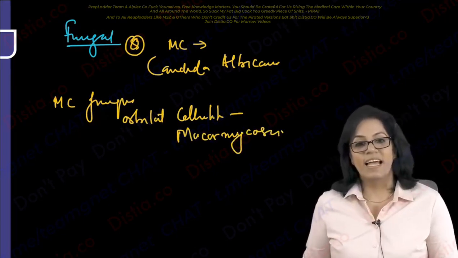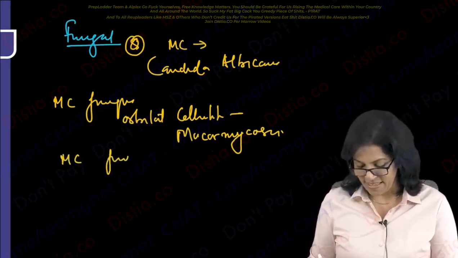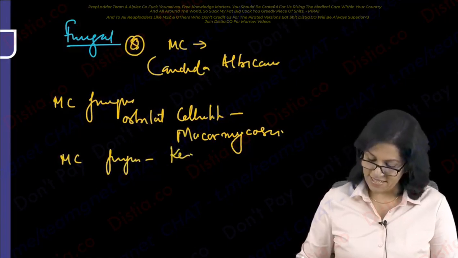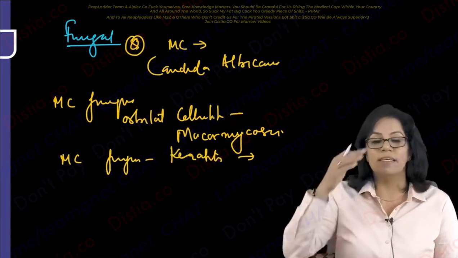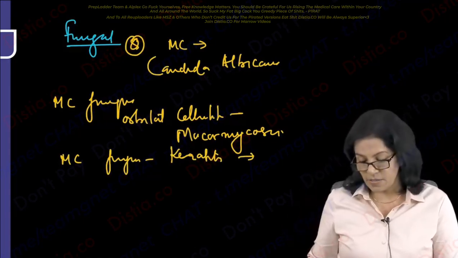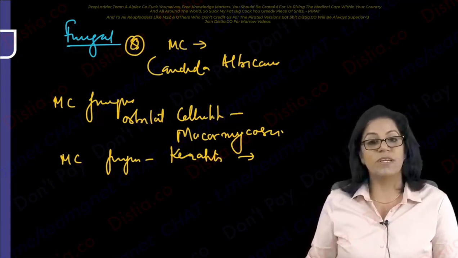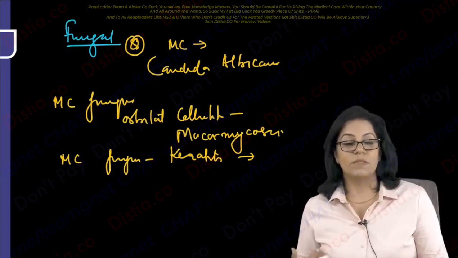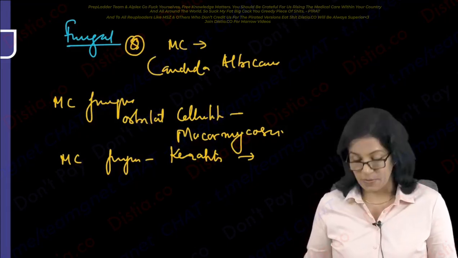And which is the most common fungus causing keratitis? Tell me. This I think everybody will answer me. Mucormycosis anyway is very important, right? During the corona time, everybody knows the injudicious use of all these steroids led to a lot of disturbance in the immune system, and so many people lost their eyes due to mucormycosis.